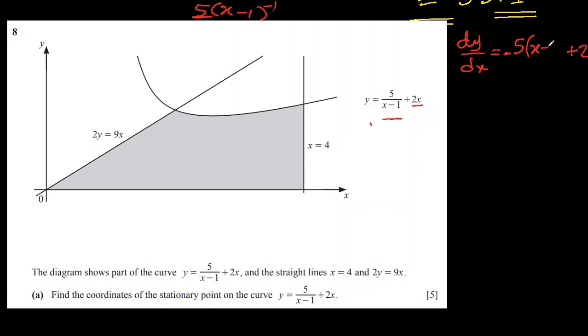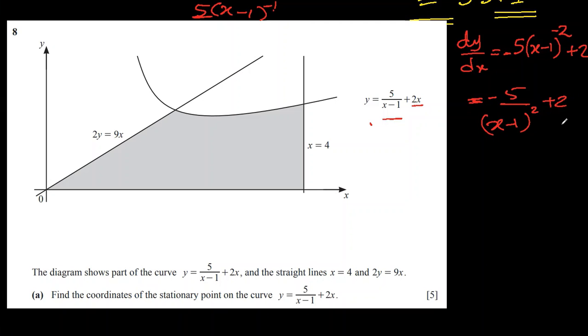The contents don't change, and this exponent goes down by 1, so minus 1 will make it minus 2. Further, we should multiply it by the differentiation of x minus 1, which is 1. Multiplying by 1 does not make any difference, so we will leave it. Let's simplify this: minus 5 over (x minus 1) squared plus 2.